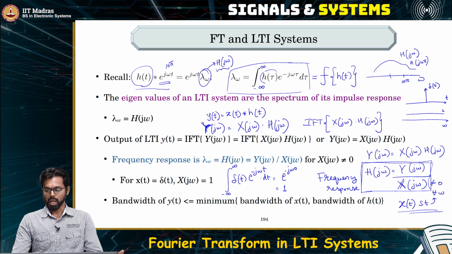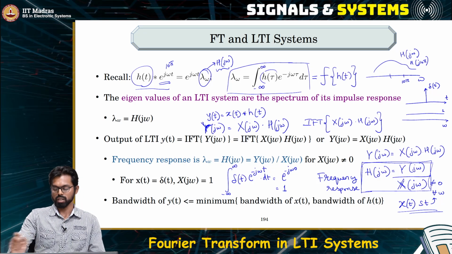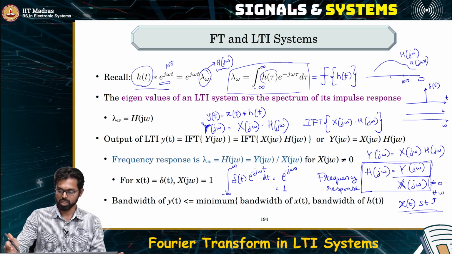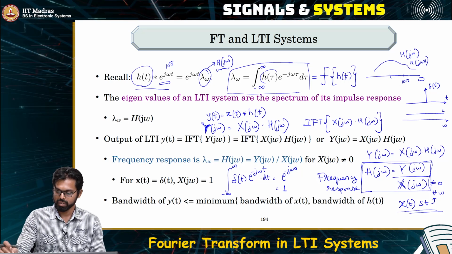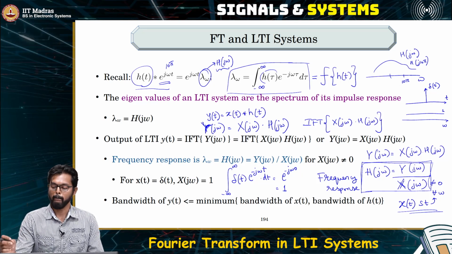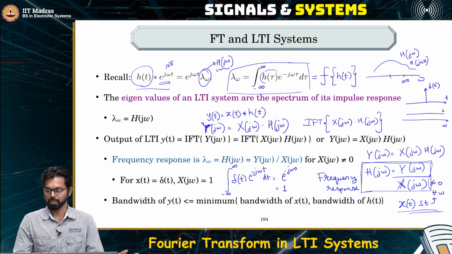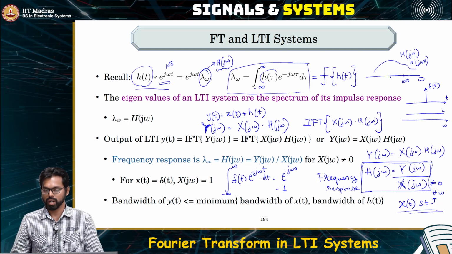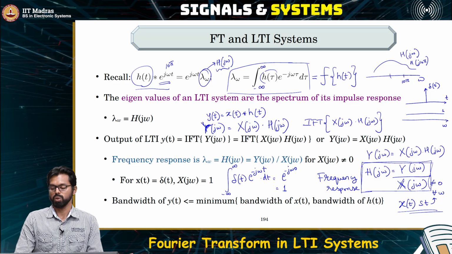So, when in time domain it is concentrated at one particular point, in the frequency domain it is present everywhere. And when in the frequency domain it is concentrated at one point, it will be present everywhere in the time domain. So, this signal is very narrow in the time domain, but in the frequency domain it contains all possible frequencies. So, if you can localize in time, you cannot localize in frequency. So, that is what the uncertainty principle in Fourier transform means.